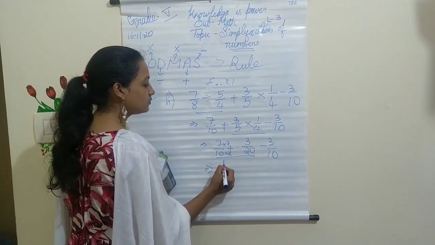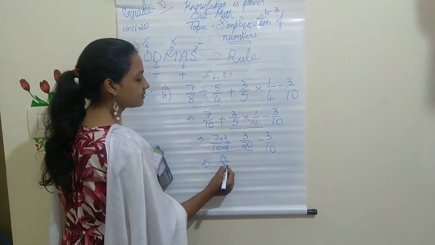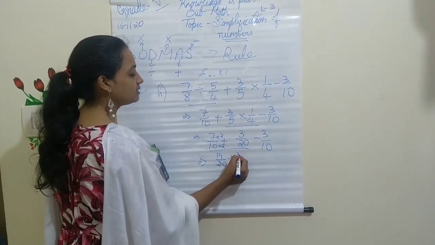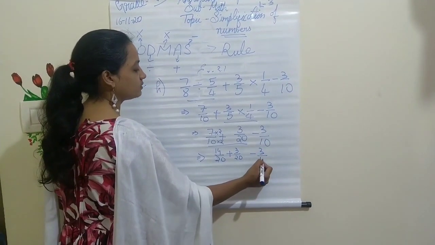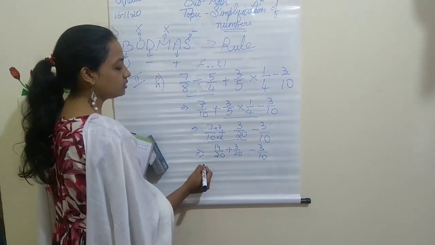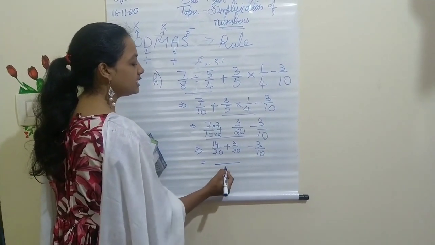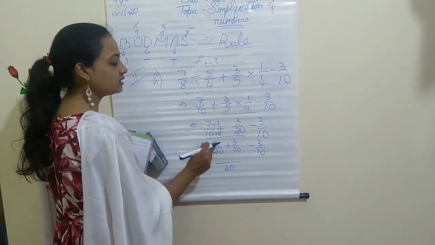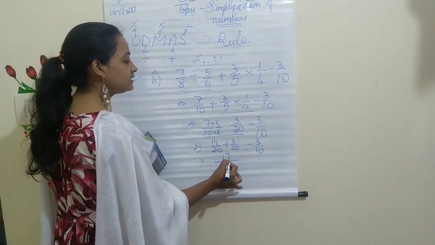So I get 14 by 20 plus 3 by 20. And the other number I am writing down. So what is the answer for this now? 20 will be written as it is. 14 plus 3 will be 17.